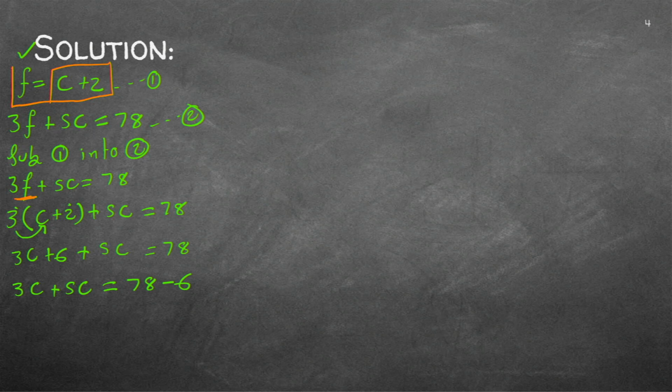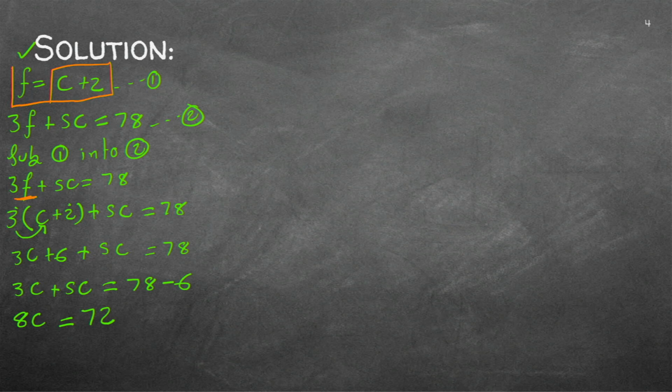So that is what you'll find yourself with, guys. And then lastly, you have 8c, because 3 plus 5 is 8. So you have 8c equals to what is 78 minus 6. 78 minus 6 will give you 72.